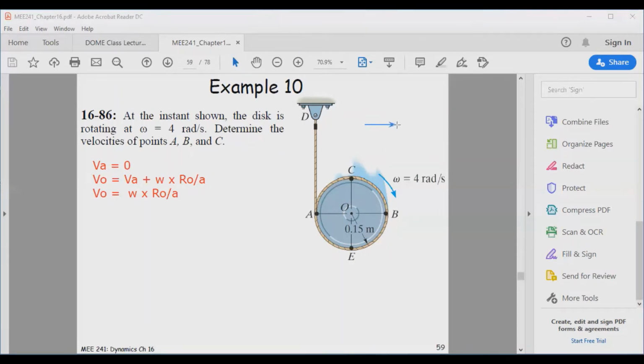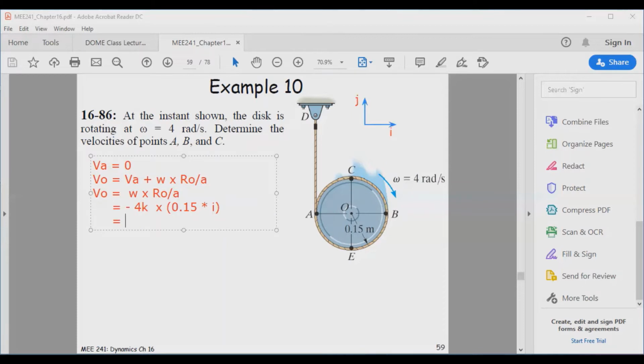Exactly. So we have I and then J. We know omega in this case is going to be equal to minus 4 times K, cross R of O with respect to A, which is how much? 0.15. And then that is going to be equal to how much?